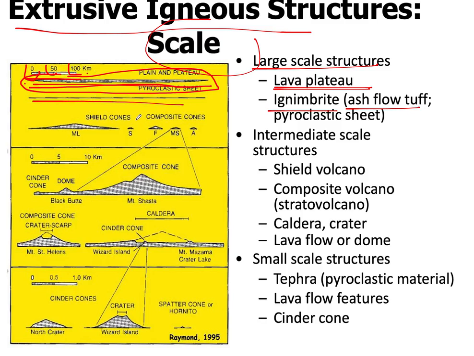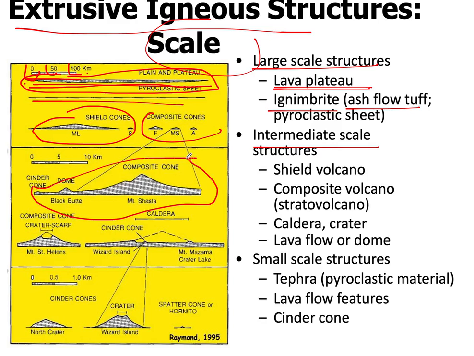Now they are divided into intermediate scales. When you go into it, or completely see this plateau, you are going to see these shield cones, and further these composite cones. Then there are composite volcanoes, calderas and craters. This crater is actually small scale, sorry, it is not intermediate.